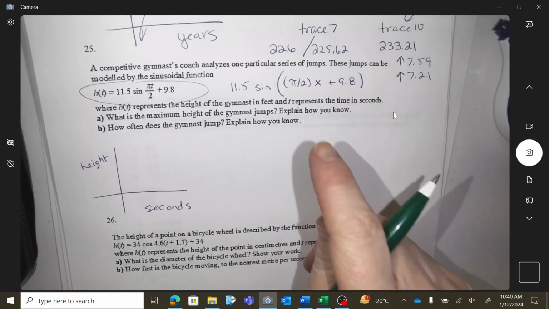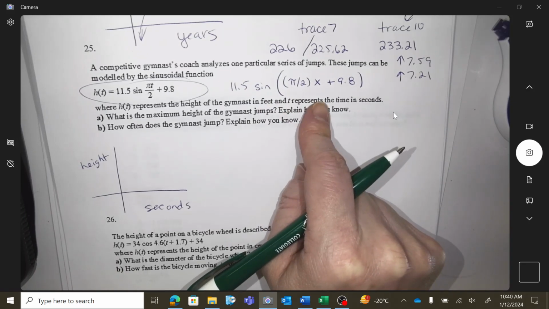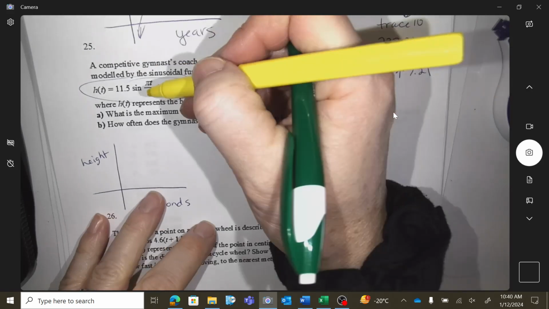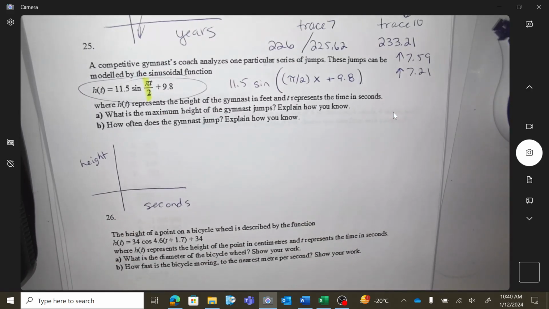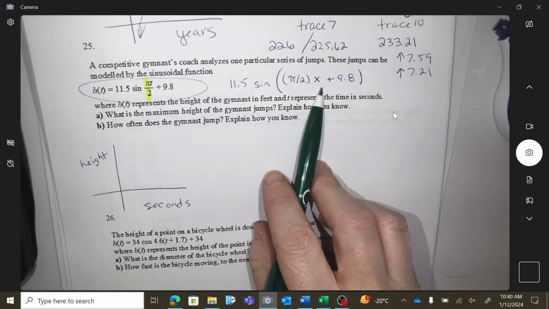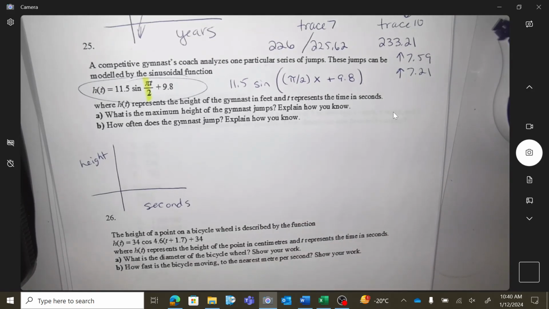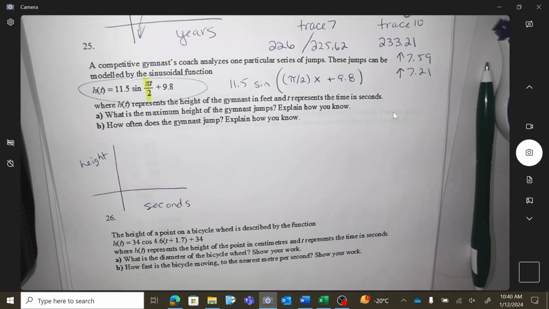So I'm typing it like this. This number is pi over 2. There's a pi over 2 in front of a multiplier x. Be careful with brackets. That's the stuff that can throw you off.